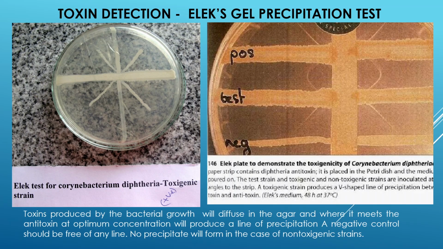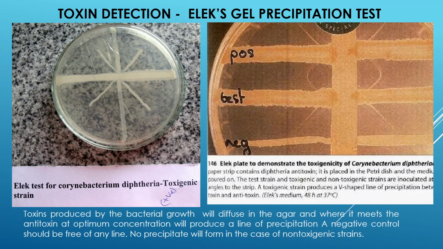To study toxigenicity, and whether Corynebacterium diphtheriae produces toxin or not, we use the Elek gel precipitation test. On this slide you can see, for example, positive and negative reactions. Principle of the Elek test: this Elek plate demonstrates the toxigenicity of Corynebacterium diphtheriae.